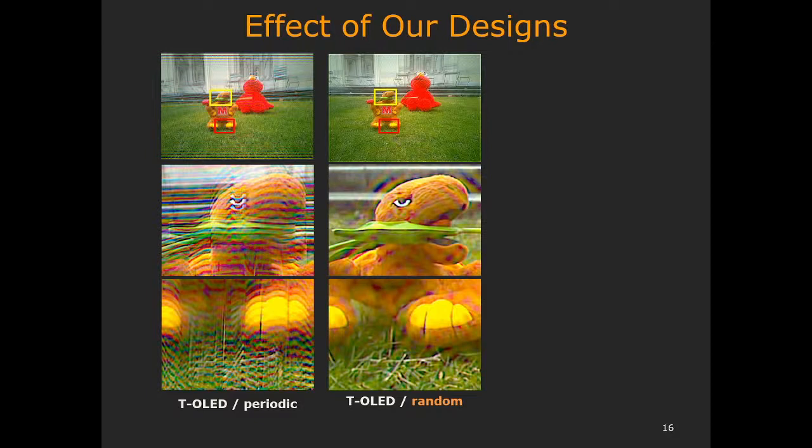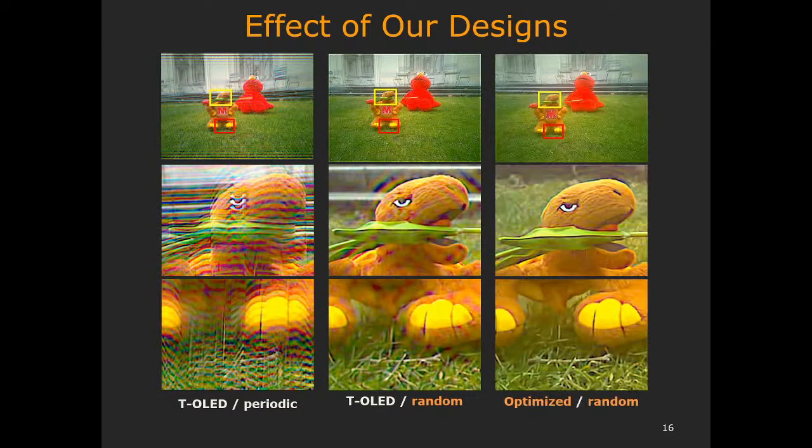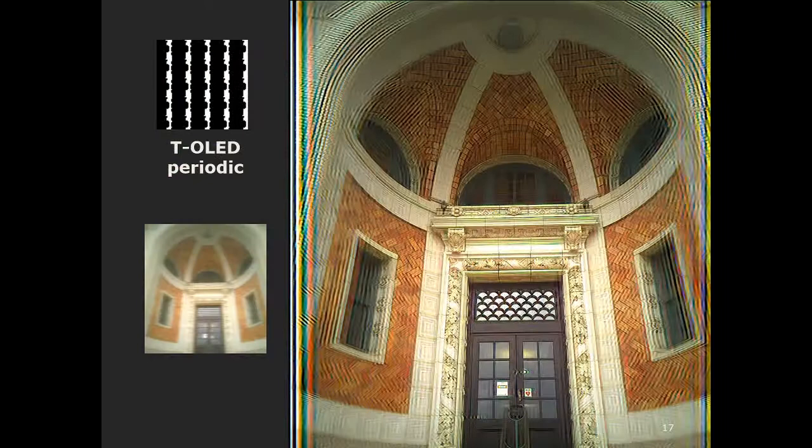We can see that horizontal artifacts are suppressed, and we can see more details, but there are artifacts around the head and feet. Keep random tiling. We further optimize the per pixel pattern. We can see that the artifacts around the head and feet are further suppressed, meaning that optimization yields another performance boost.